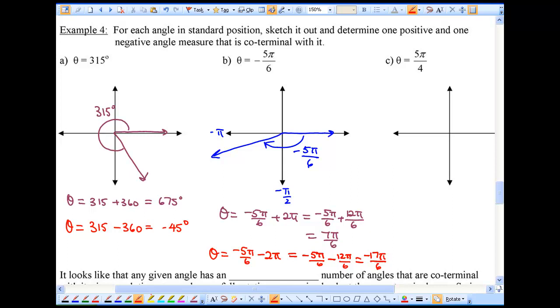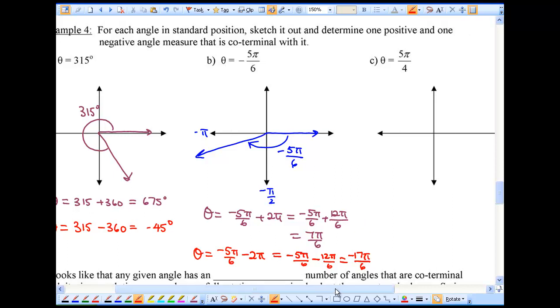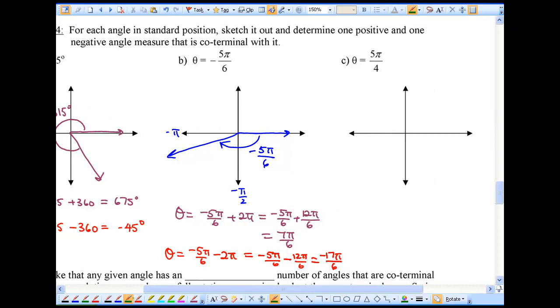It's very similar to part A. Let's see if you can sketch this one out. This one seems to be more than pi, so I'm thinking probably third quadrant. I'll let you figure out how to find these other angles. It's the same as before.